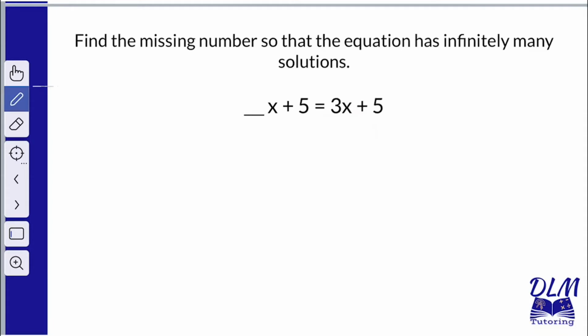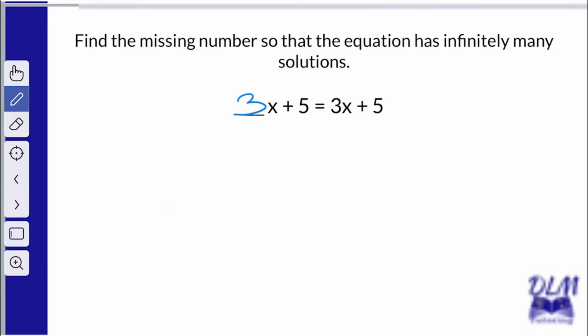So the solution to this problem is going to be creating an equation with the same variable term, or in other words, 3x plus 5 equals 3x plus 5. Now I can put in any value for x, or for my variable, and my equation is always going to come up with the same solution on both sides.